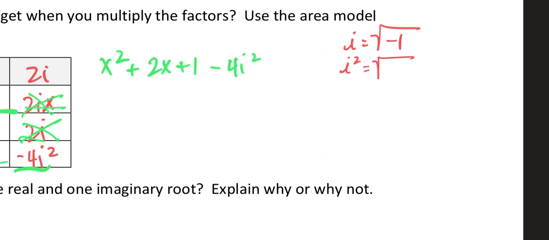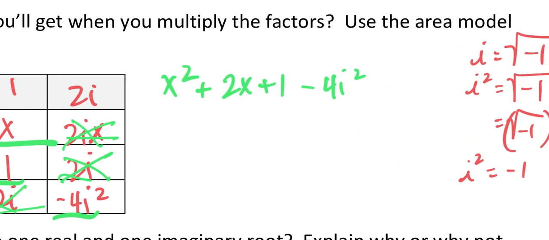That's going to be root negative 1 times root negative 1. Or, in other words, root negative 1 squared, and the square and the root kind of undo each other. So i squared is equal to negative 1. So when we simplify, this is actually just a negative 1 right here, which means this guy is a positive 4.